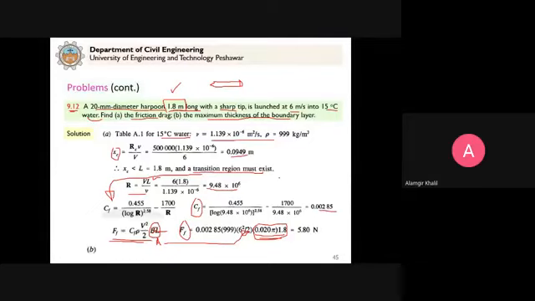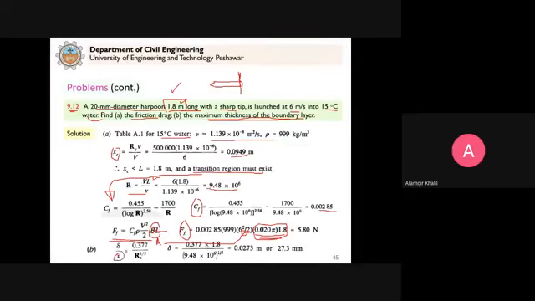So this is the friction, and the second thing is the maximum thickness of the boundary layer. So we already know that the thickness of the boundary layer increases with x. So that's why the maximum thickness will be at this point here, at the trailing edge. Clear? So that's why you put the entire length L, 1.8 meter. So in that case, X is 1.8 meter.